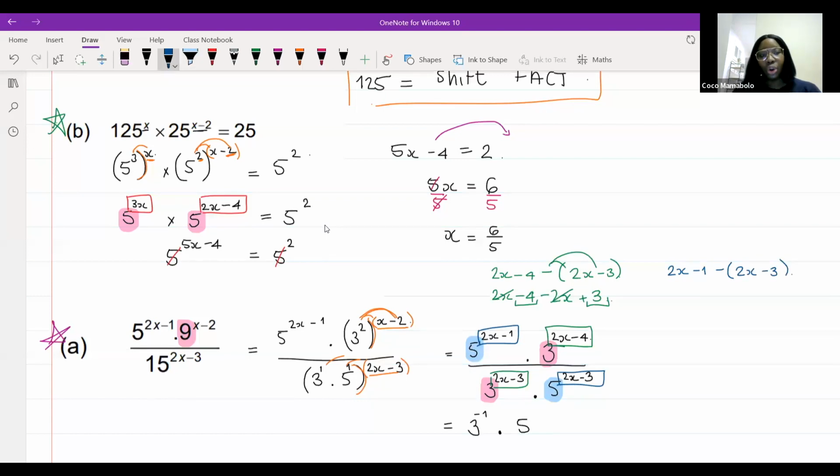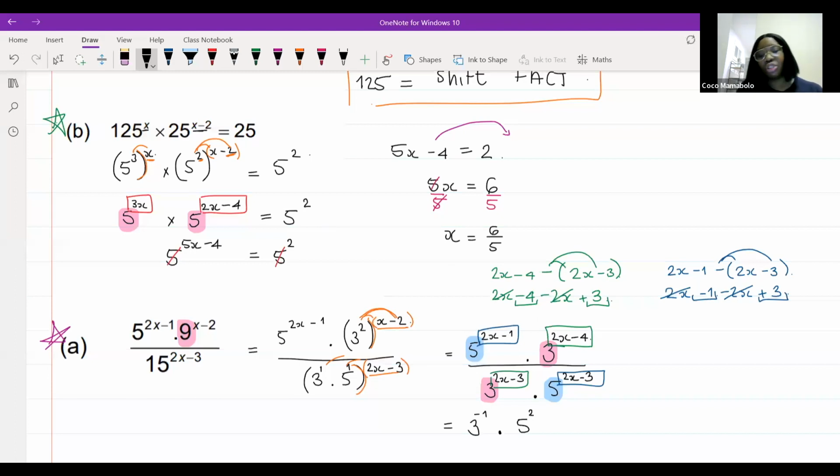Then what am I going to do over here, patience? I'm going to have 2x minus 1 minus 2x plus 3. Beautiful. Love, love, love it. So we know that 2x minus 2x is going to give us 0. They're going to cancel. Yes. Now I have minus 1 plus 3 left. What is minus 1 plus 3? 2. Beautiful. Okay. Now I don't have any more x's in my answer.